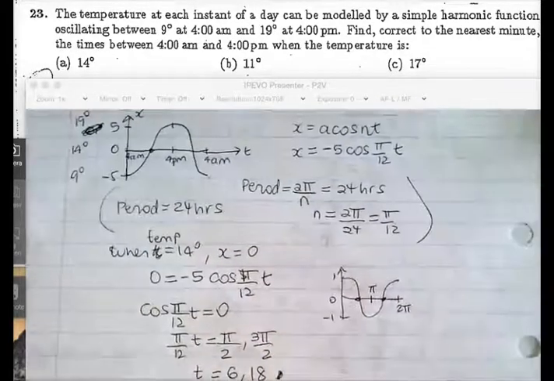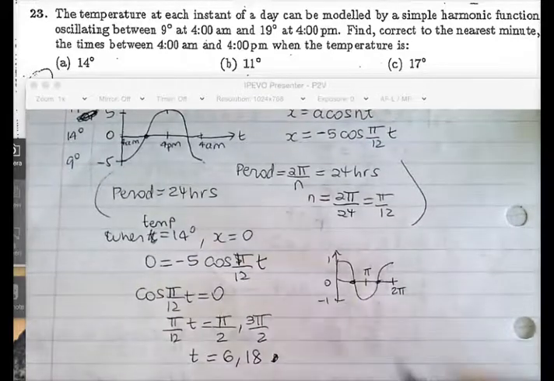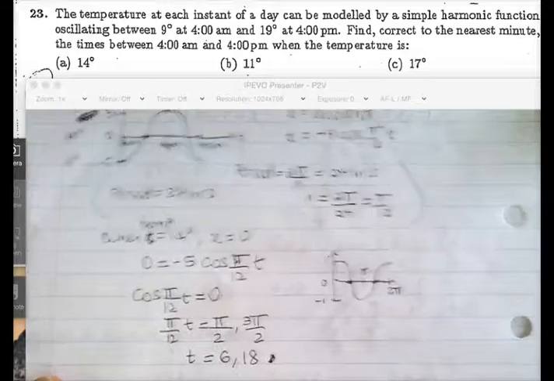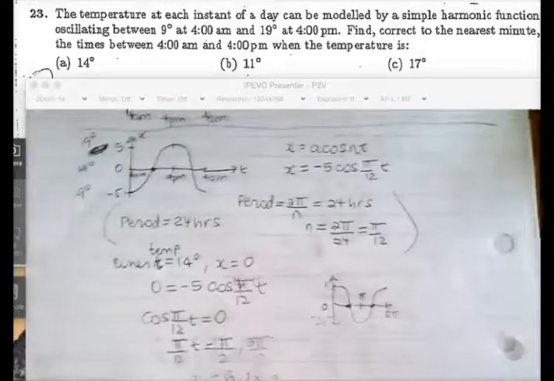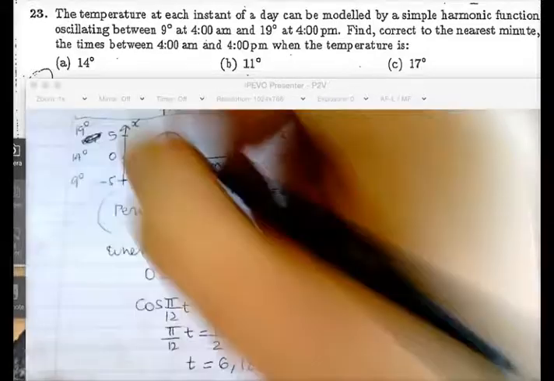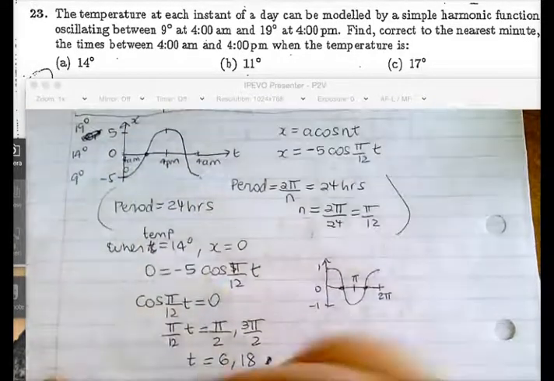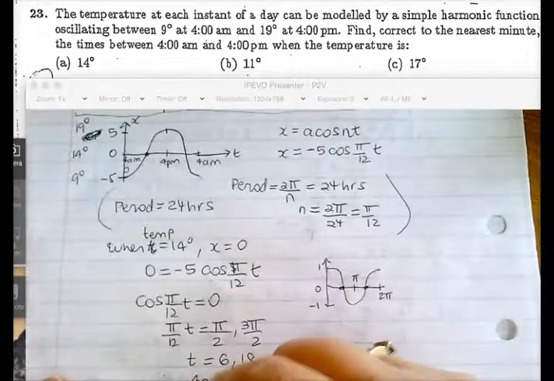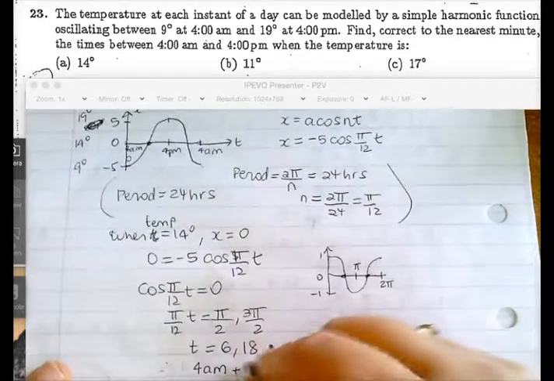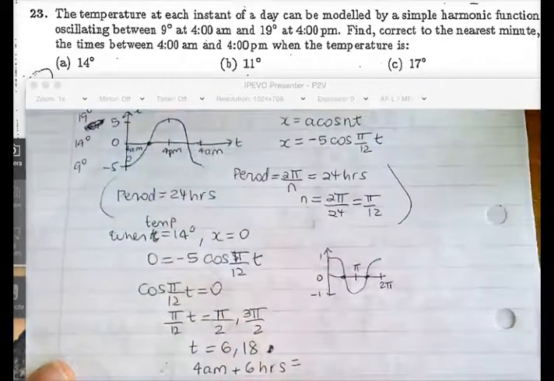Now, girls, what does time is 6 and 18 mean? Looking back at the original curve, not 6 seconds, 6 hours. That's time 0. So therefore it'll be at 4 a.m. plus 6 hours.